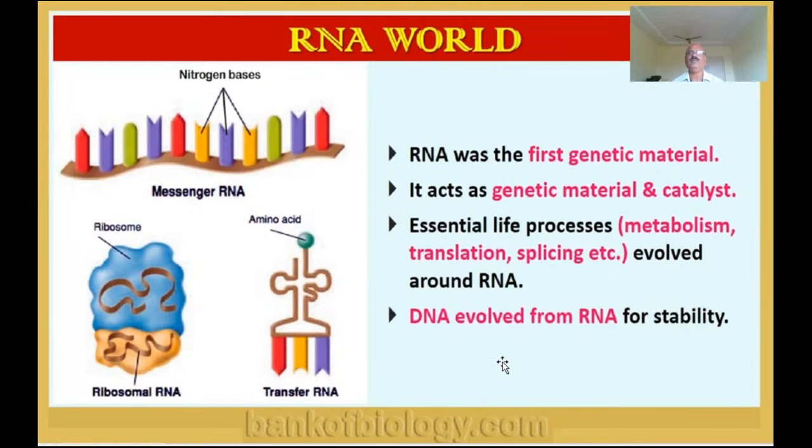So phylogenetically, RNA is primitive, DNA is advanced. So RNA was the first genetic material.